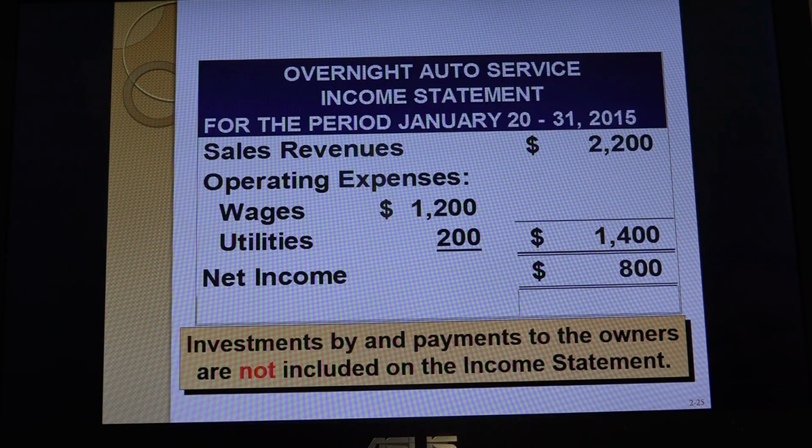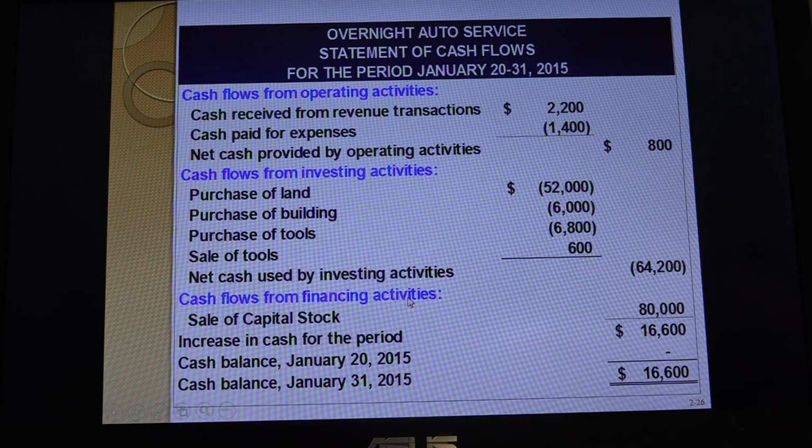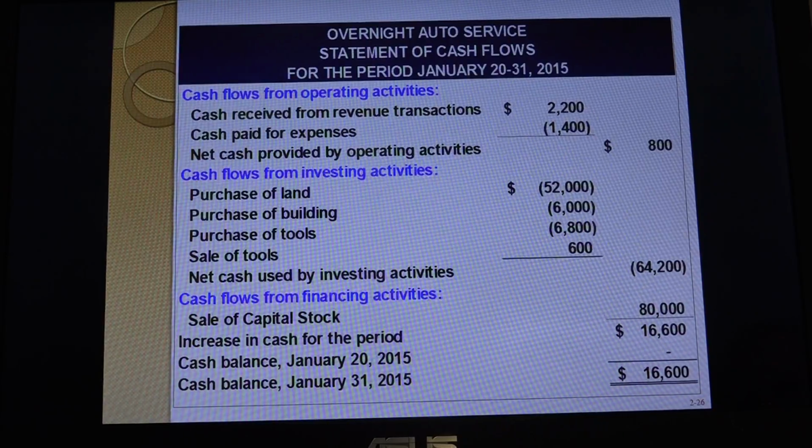You've got sales revenues, 2,200 in this case, and you've got wages and utilities of 1,400, so your net income is 800. Notice that the investments by and payments to owners are not included in the income statement. Now, they might be included in other reports, but not this one.